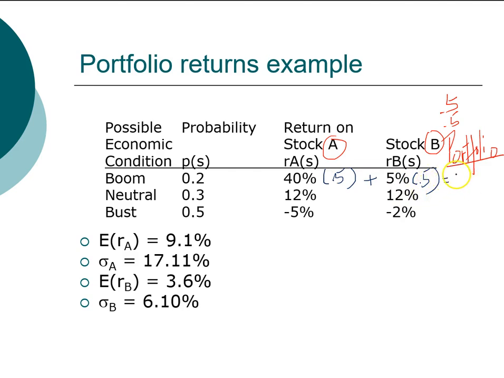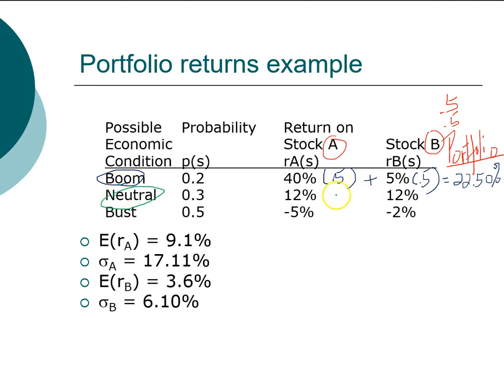So our weighted average portfolio return when the economy is doing well is 22.5%.